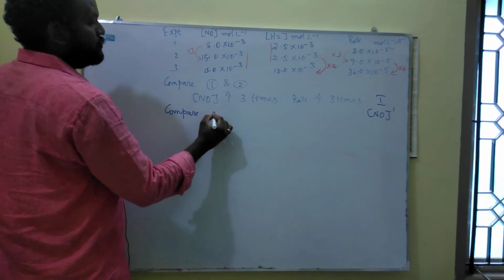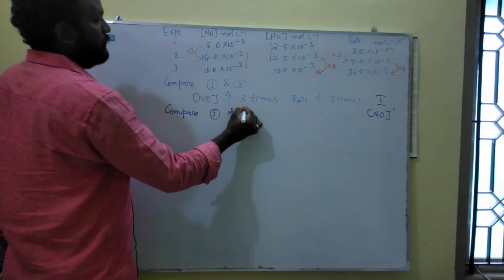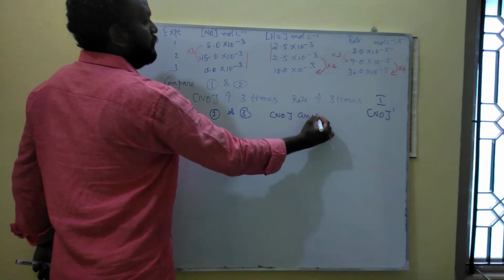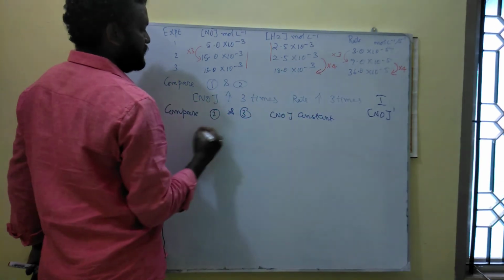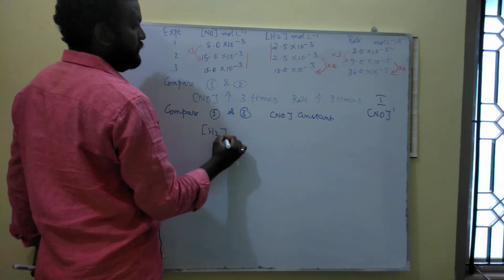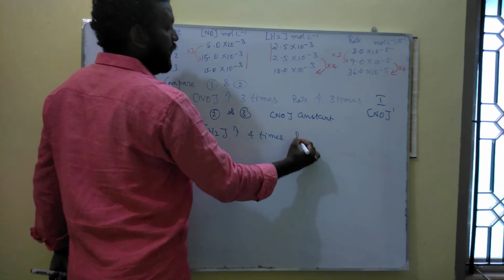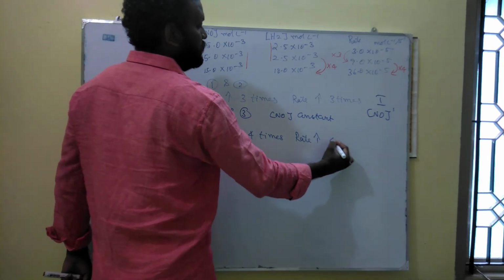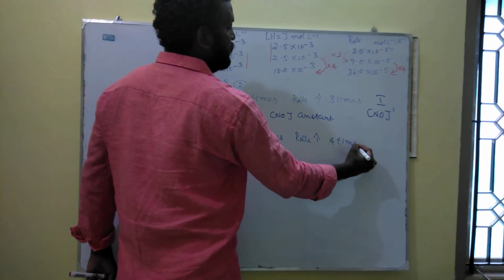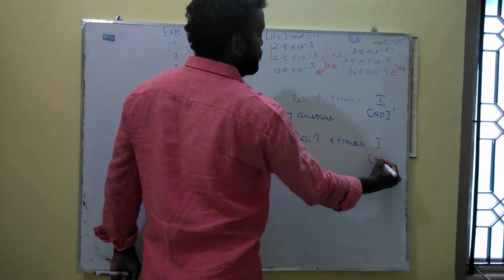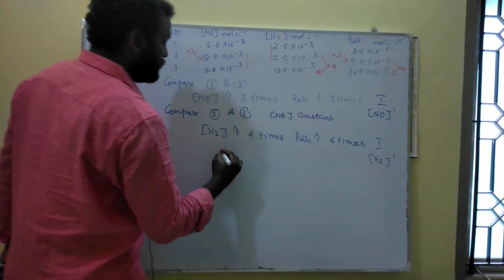When we compare 2 and 3, here NO is kept constant, where concentration of hydrogen increases 4 times, and rate also increases 4 times. So n time increment of concentration, n time increase of rate, then it is first order. So with respect to hydrogen also first order.